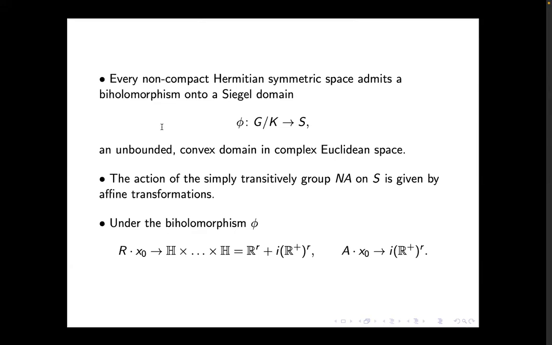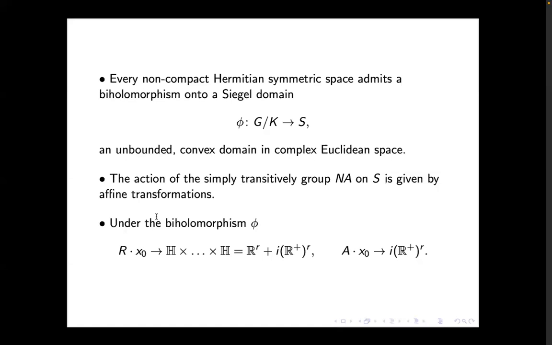The action is by affine transformations. For instance, this biholomorphism in the case of the unit disk is just a Cayley transform that brings the unit disk onto the upper half plane. Or if we have the Siegel disk, we go into the Siegel upper half plane. It's the so-called Cayley transform.